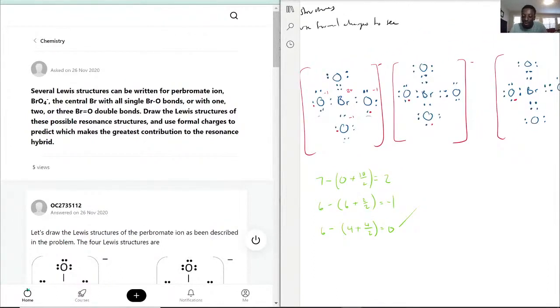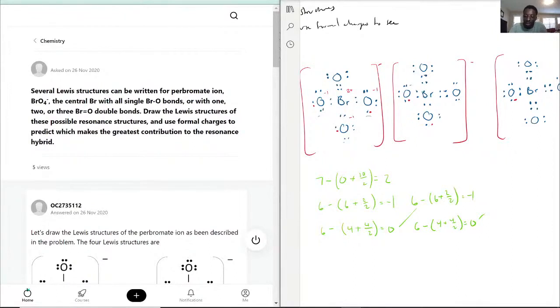And now we have 2 of them doing the same thing in the next resonance structure over. We have 6 minus 4 plus 4 over 2, which is still 0. And that's happening to 2 of them now. And the other 2 are still going through the same thing of 6 plus 2 over 2, which is minus 1.